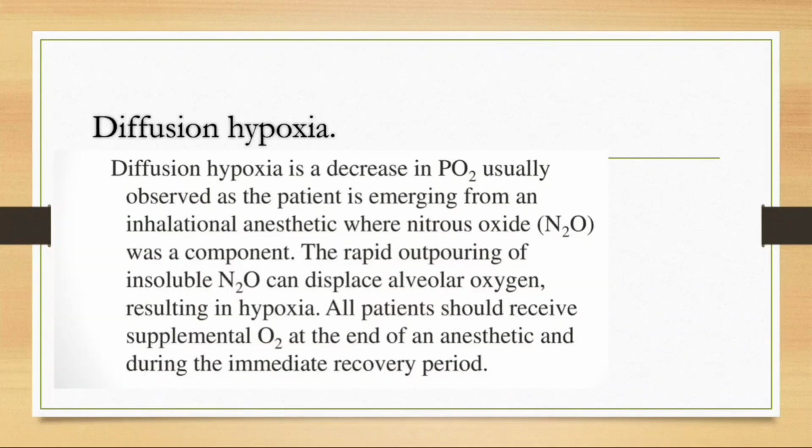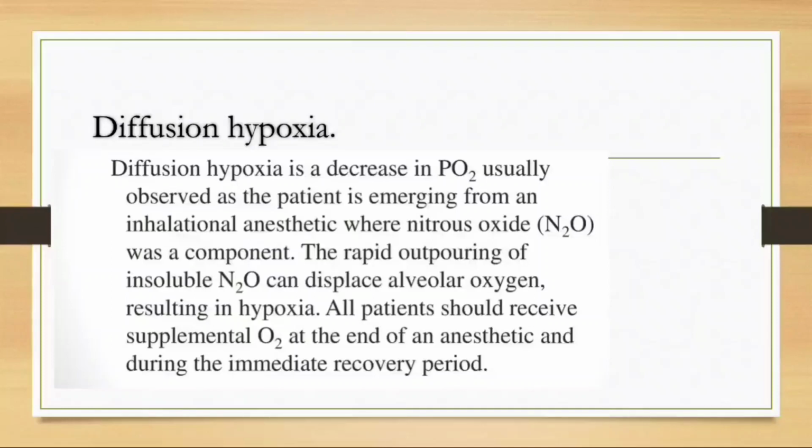So what exactly is diffusion hypoxia? Diffusion hypoxia is a decrease in PO2 usually observed as a patient is emerging from inhalational nitrous oxide anesthesia. The rapid outpouring of insoluble nitrous oxide can displace the alveolar oxygen, which results in hypoxia.